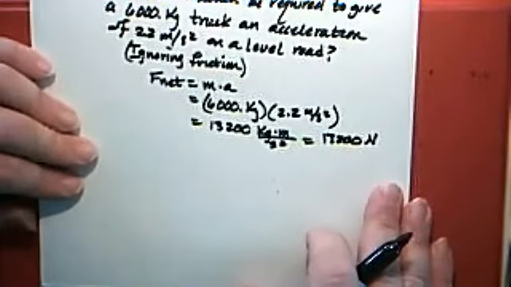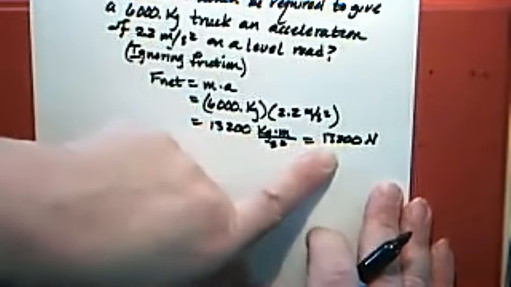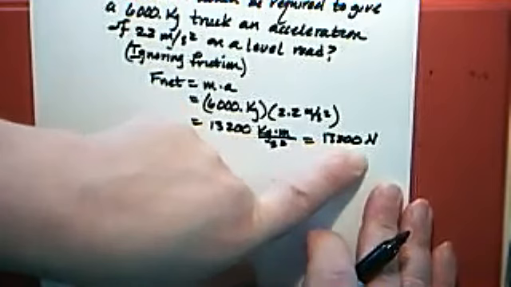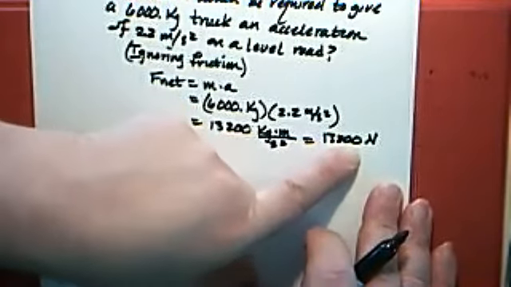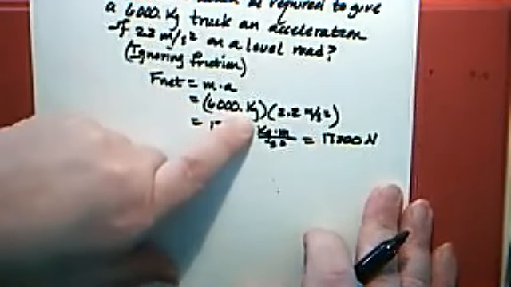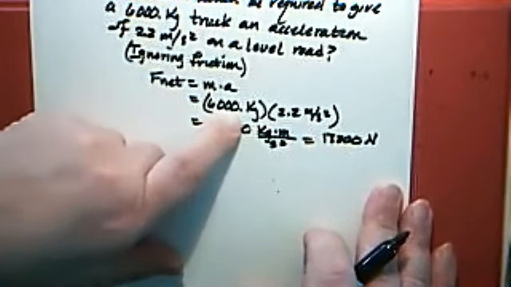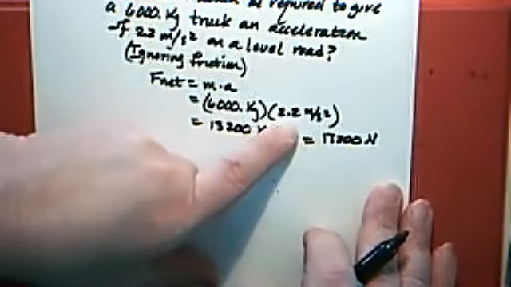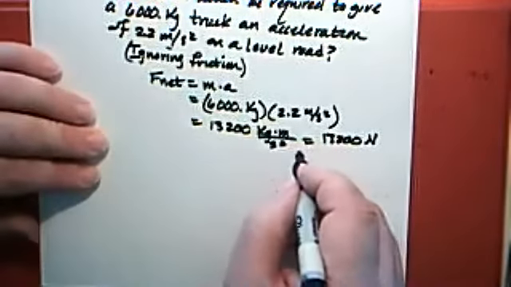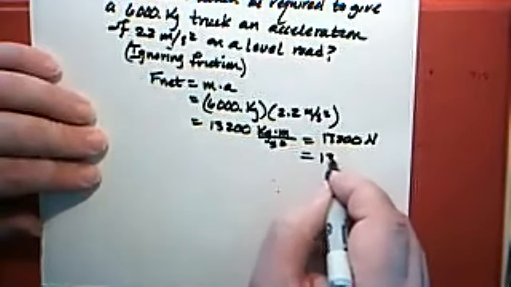And in terms of significant figures, 13,200 is actually 3 significant figures. If there's no decimal point, the zeros at the end don't count. But the numbers we put in, 6,000 with a decimal point is 4 significant figures, but 2.2 is only 2 significant figures. So our answer should be in 2 significant figures.